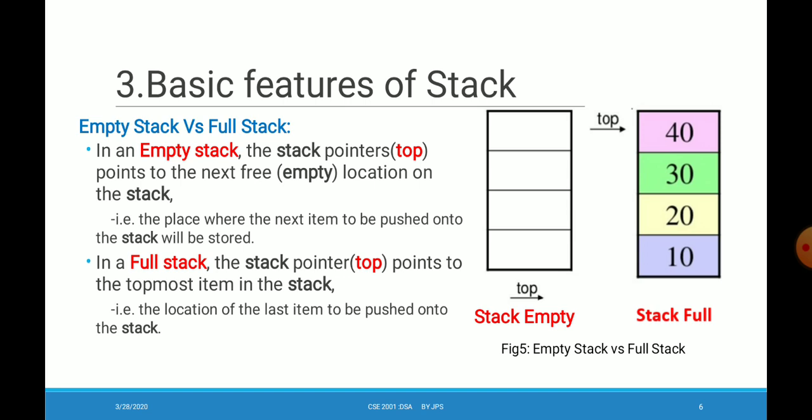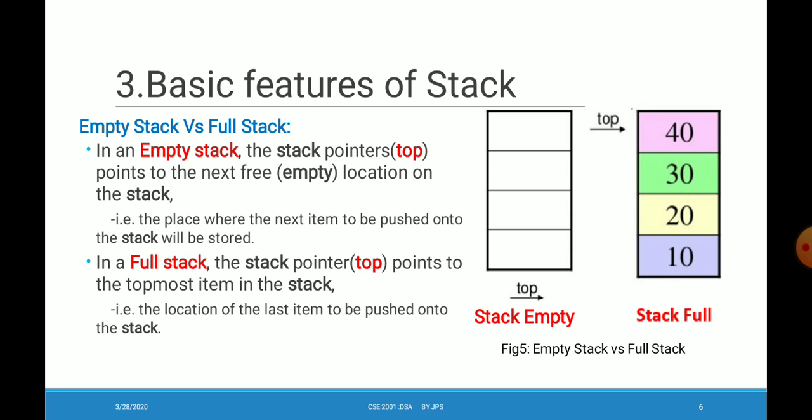So in case of full stack, we see that the top points to the location which is the last capacity of the stack. That means the maximum size that can be accommodated by the stack. Here we see the stack base contains element 10, then 20 on top of it, then 30 on top of it, and 40 is pointed by the stack pointer top.